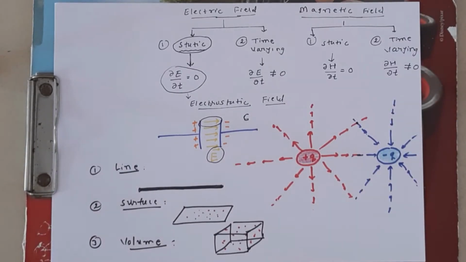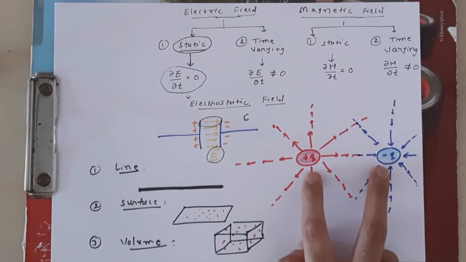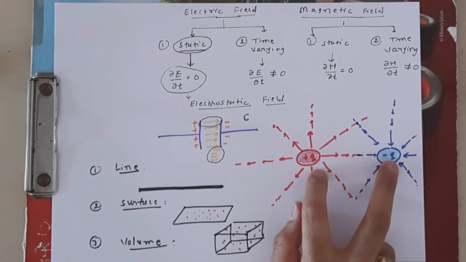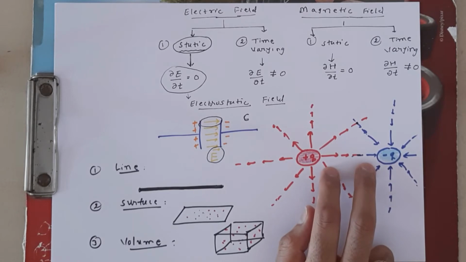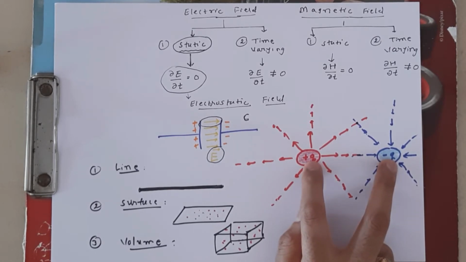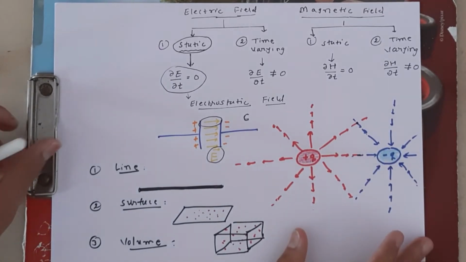As we know, Coulomb's law is nothing but a force, the force between two charges. If the two charges have different polarity, plus q and minus q, there is an attractive force between them. If the two charges have the same polarity, there is a repulsive force between them. This force depends on the magnitude of the charges, the distance between them, and the type of medium.